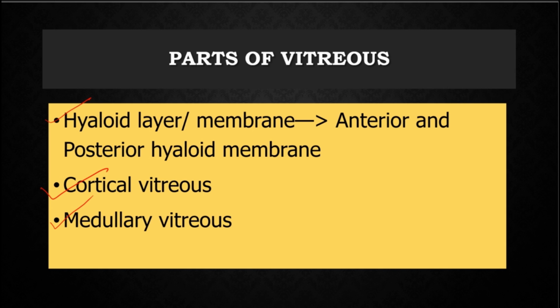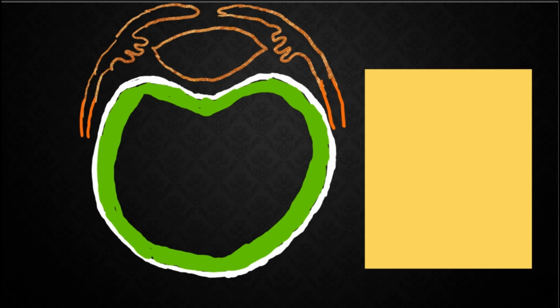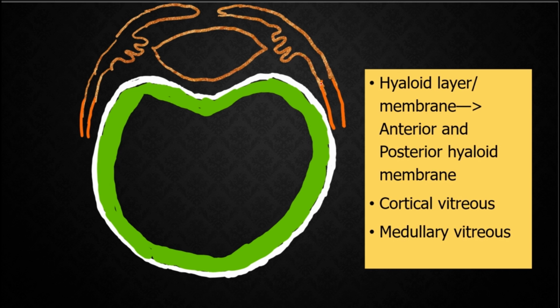So from outside to inside you have the vitreous membrane, then the cortical vitreous, then the medullary vitreous. As you can see from this diagram, the most outward layer, labeled here in white, is the hyaloid layer. Then in green we have the cortical vitreous, and inside that we have the central vitreous or the core of the vitreous, which is the medullary vitreous.